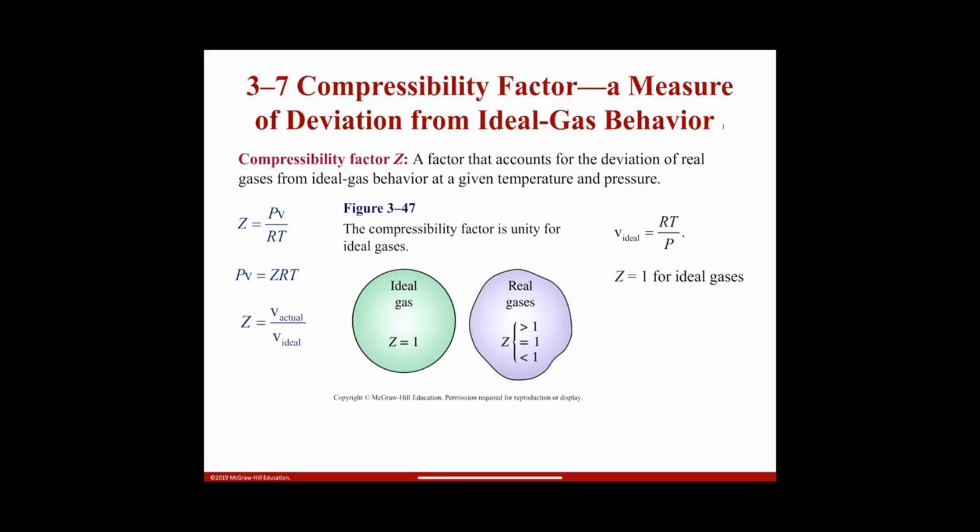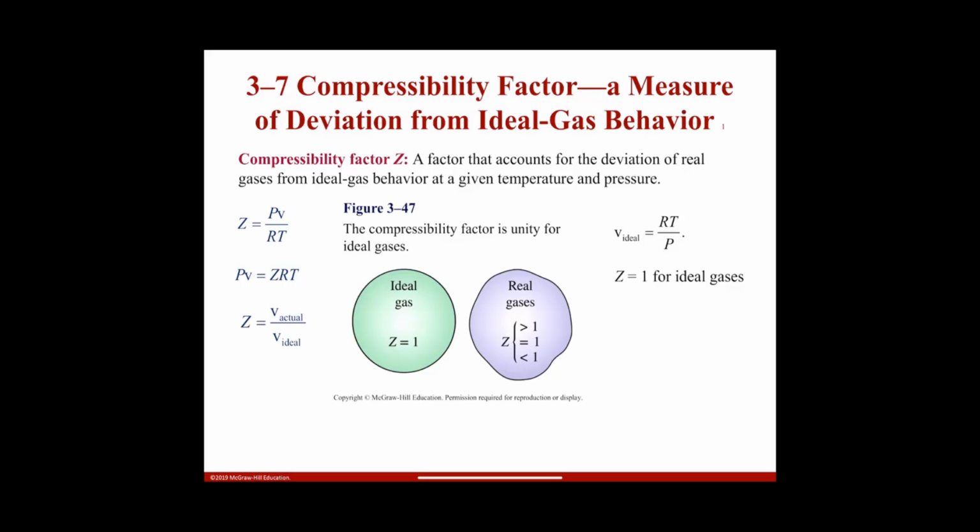So there is something that is called the compressibility factor, and I'm just including this as a matter of information, informative. That's the word I was looking for. It's a factor that accounts for the deviation of real gases from ideal gas behavior at a given temperature.